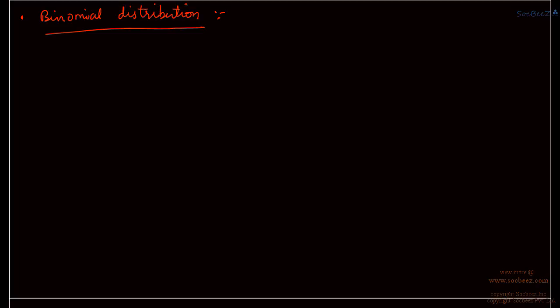Now suppose I have an experiment which has only two possible cases, either case A or case B. Let us say take the case of an examination. If you write an examination, you have two possible cases, whether you pass or you fail.